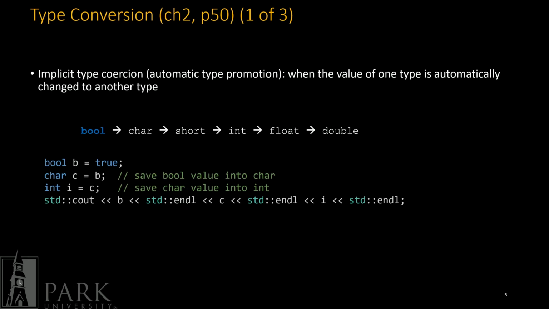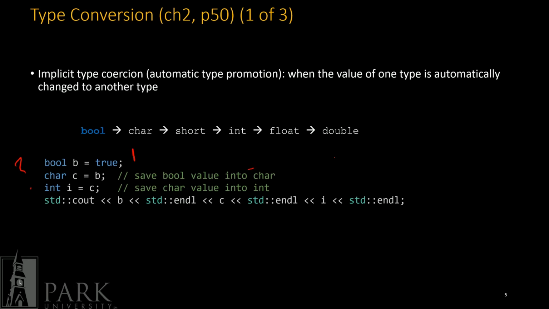So let's walk through the code and see what's going to happen. Well, what does true equate to? Well, from what you remember, true should be equal to 1, right? And then when we cast 1 to a char, what is that going to equal? Well, I don't have the ASCII character of 1 in memory, so we're going to have to see, right?